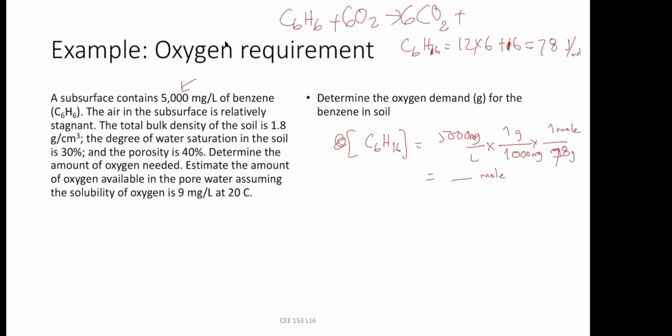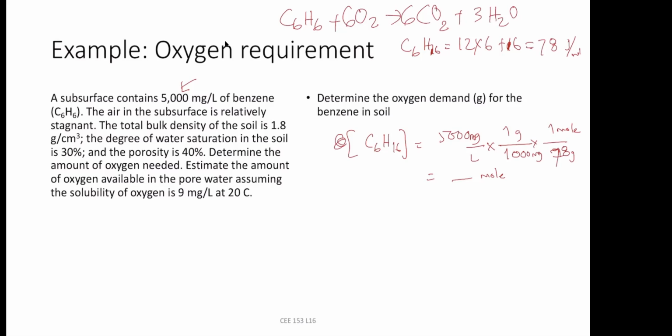6CO2 plus, let's see, 6 carbon is balanced. Now you have 3 oxygen. So let's say 3H2O. That's 6 oxygen. So now you have extra 3 oxygen.